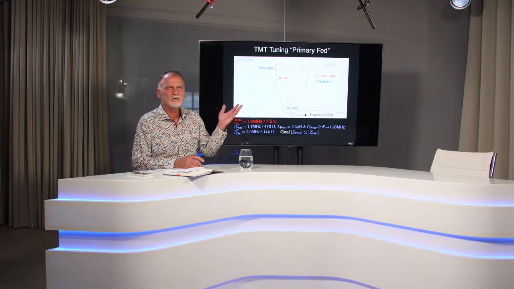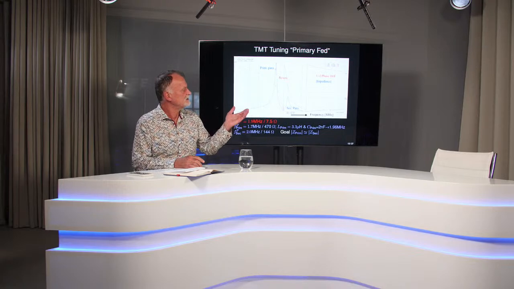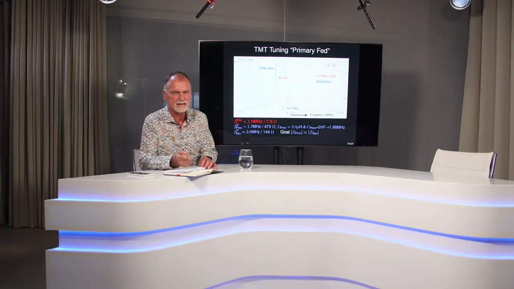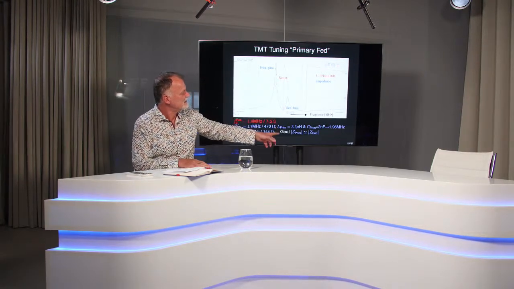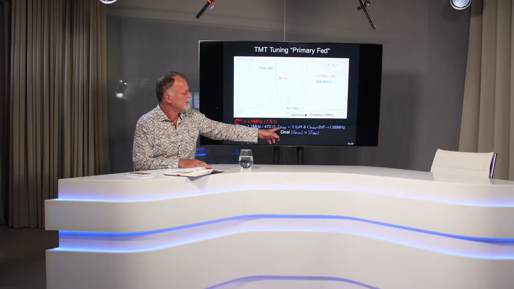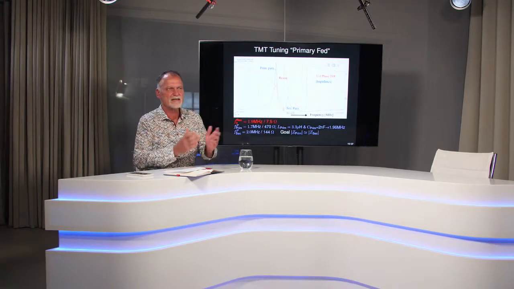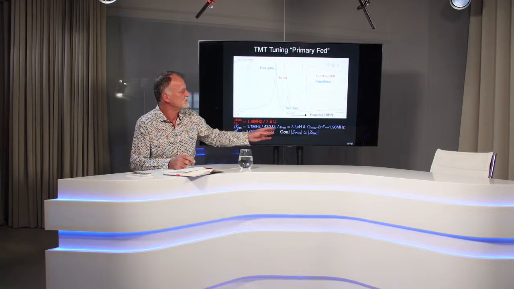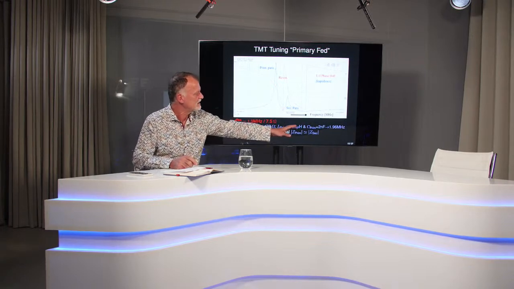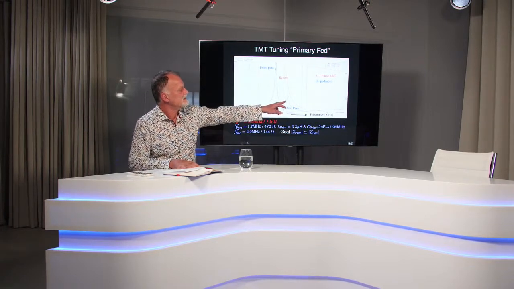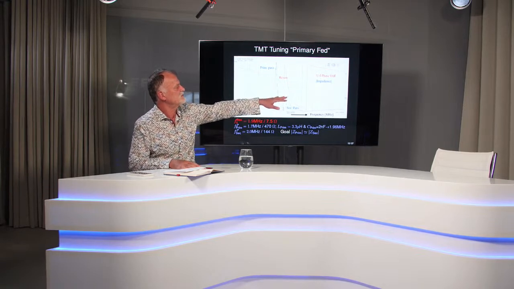The tuning in this situation is that you have to either tune the primary inductance a little bit, or if you have a variable capacitor, vary the primary capacitor, in a way such that the impedances will be of the same order.